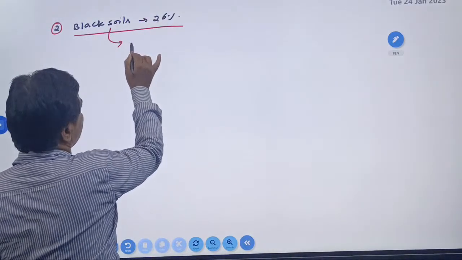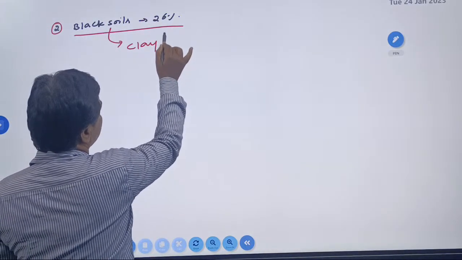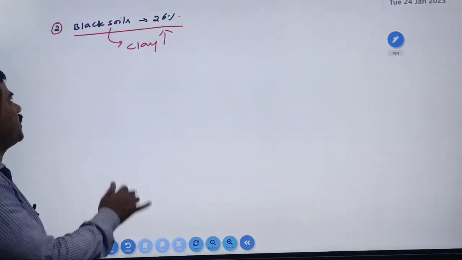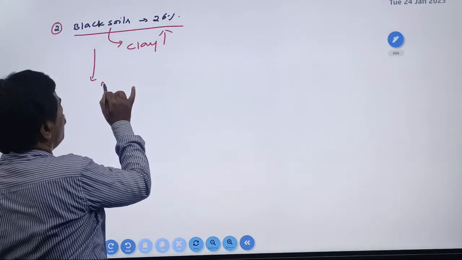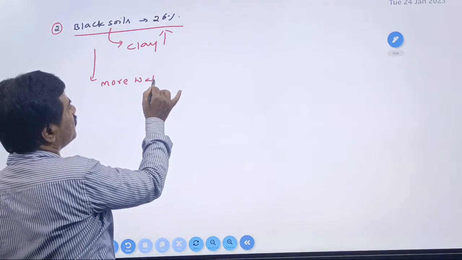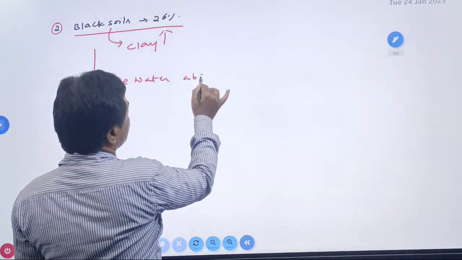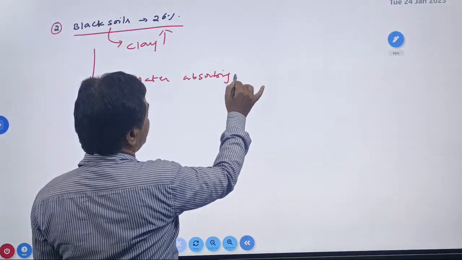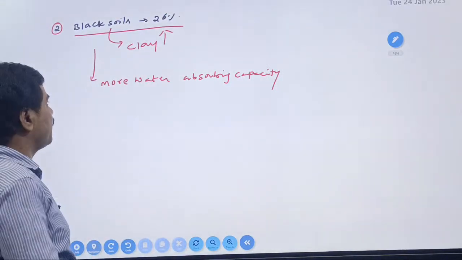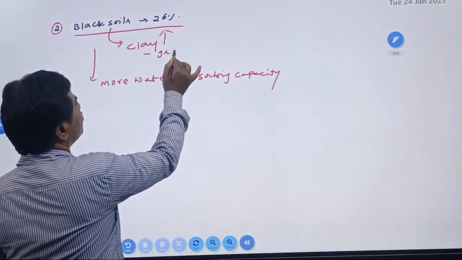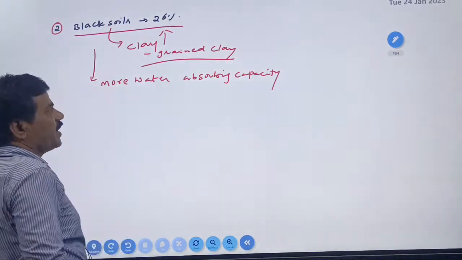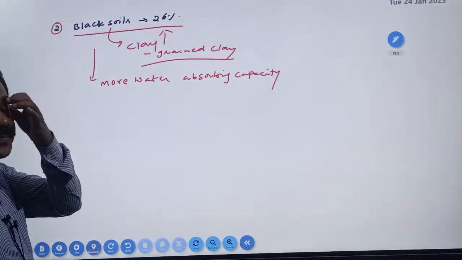Black soil has a high clay percentage, and due to this clay it has more water absorbing capacity. It has no sand and has a high clay percentage.